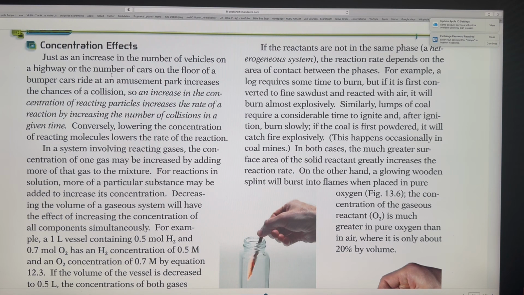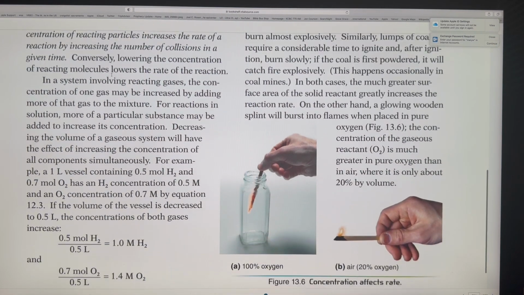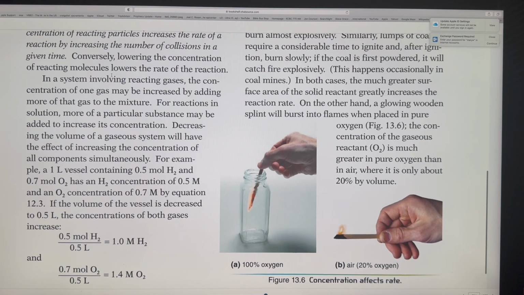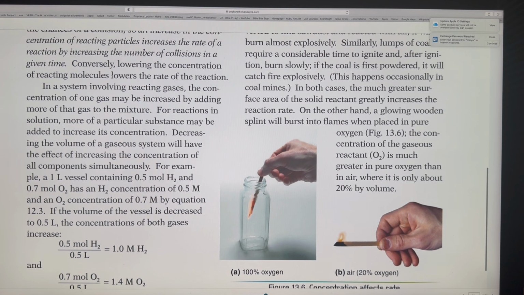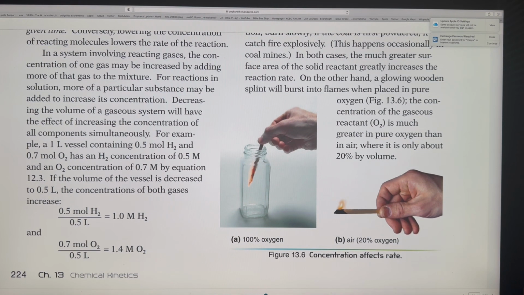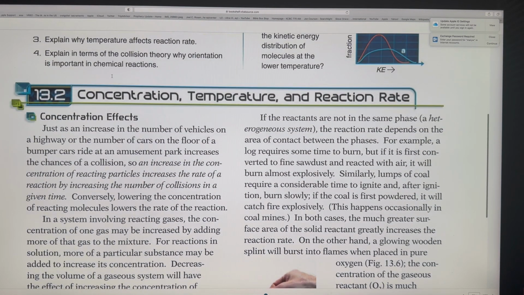And so this gives the example down here and talks about reacting gases. Here they take an example of a mole of hydrogen and oxygen, and the more concentrated it is by the higher molar volume, you'll have more chances of increasing the reaction rate.